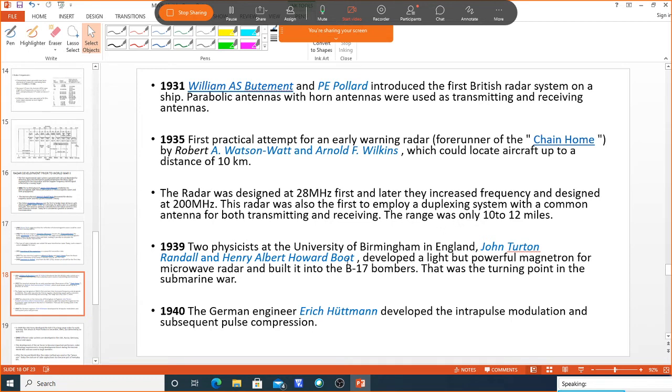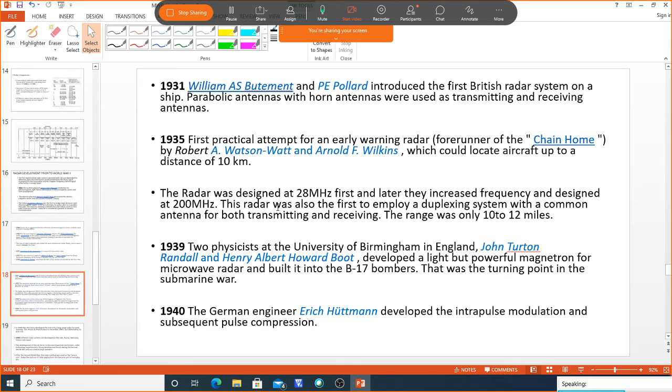But here, for both transmitting and receiving, the same antenna is used by the usage of a duplexer. By using this, they were able to design a monostatic radar, and the range designed for this monostatic radar is 10 to 12 miles.